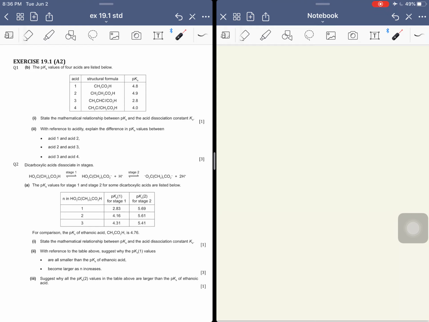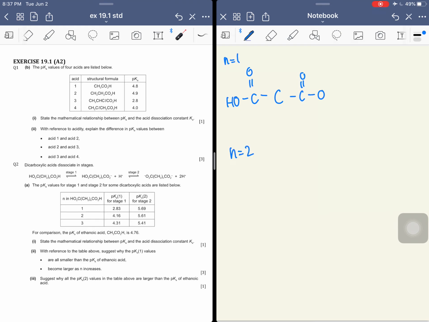With reference to this, suggest why the pKa values become larger as n increases. Okay, so this is when n equals 1. When n equals 2, you have 2 carbons, 2 CH2 in between the two functional groups. n equals 3 is 1, 2, 3.